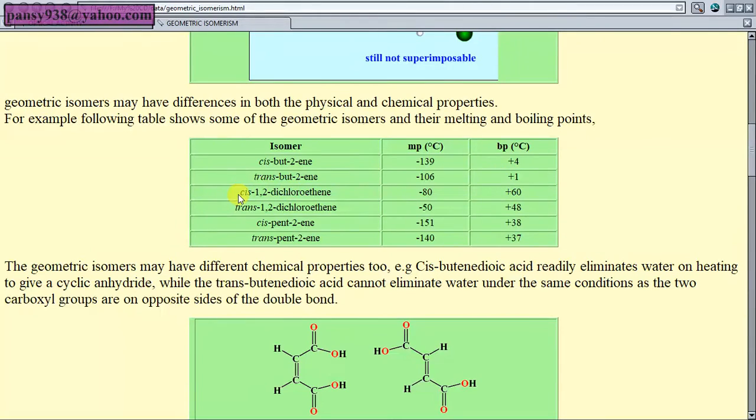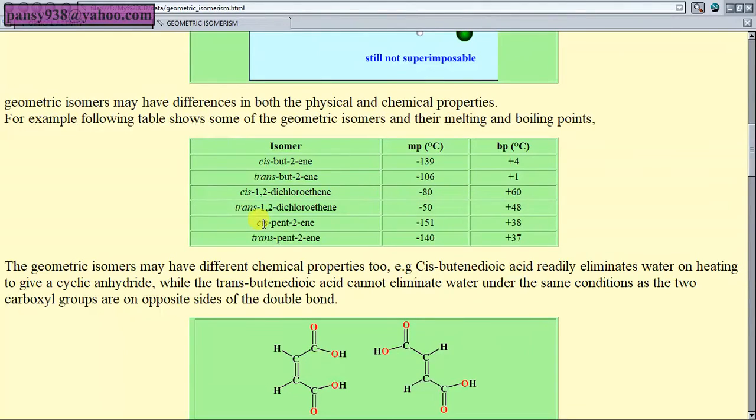In the case of cis-1,2-dichloroethene, the melting point is minus 80 degrees Celsius, while its trans isomer has a melting point of minus 50 degrees Celsius, while the boiling point of the cis isomer is plus 60 and of the trans isomer is 48. So there is a great difference between each isomer.